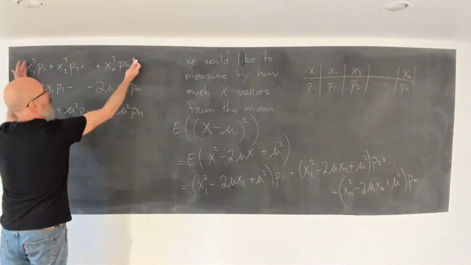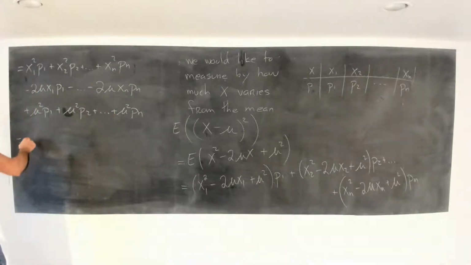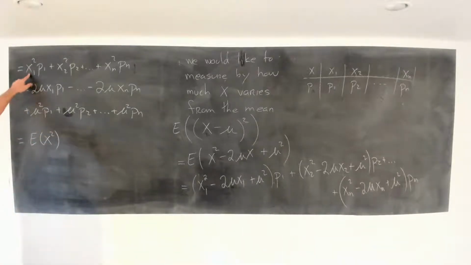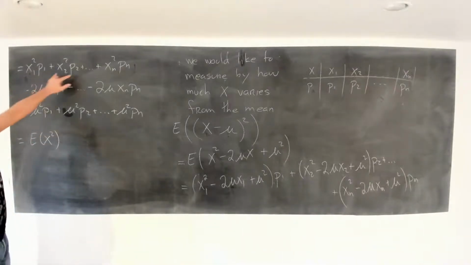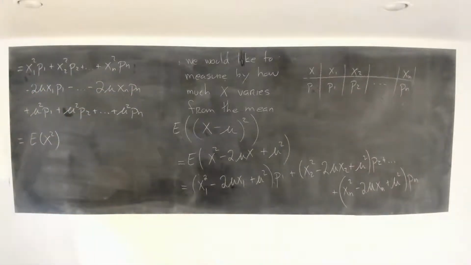Here, this first term is the expected value of x squared, right? It's x1 squared times p1, x2 squared times p2, and so on. So that's just the expected value of x squared.